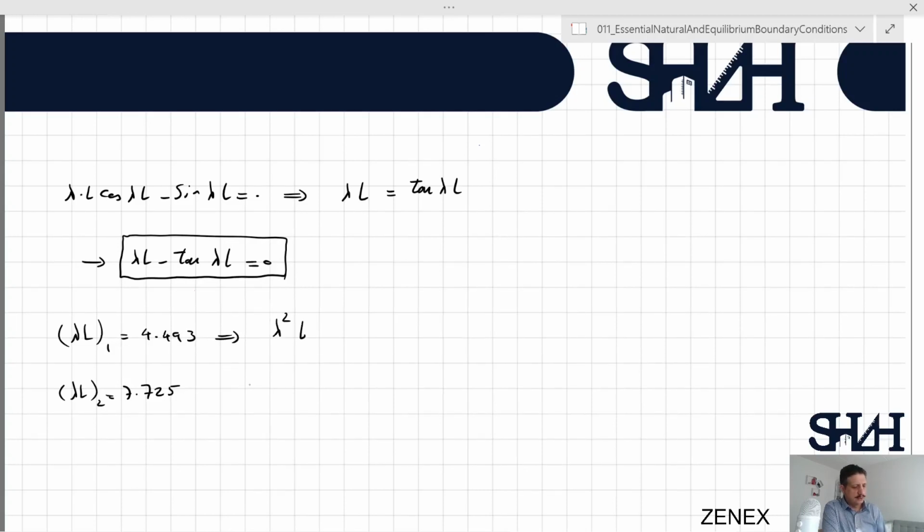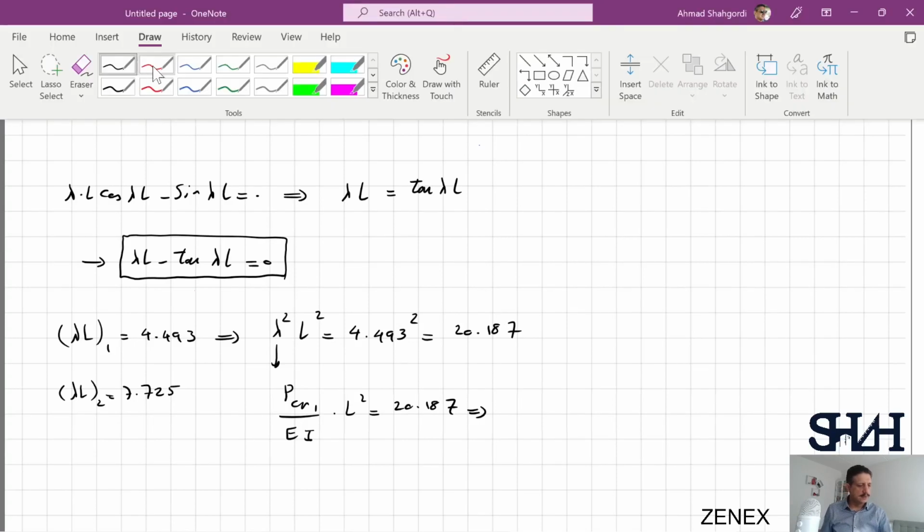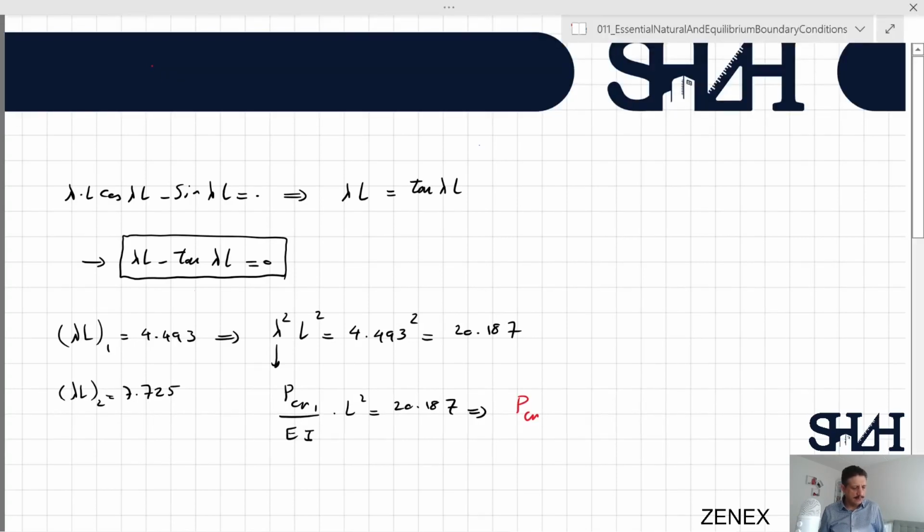So lambda 1 L squared will be 4.493 squared, which is 20.187. And then lambda 1 represents P critical, the first one, divided by EI times L squared, is 20.187. And from here, we can find out P critical 1 is 20.187 EI over L squared.